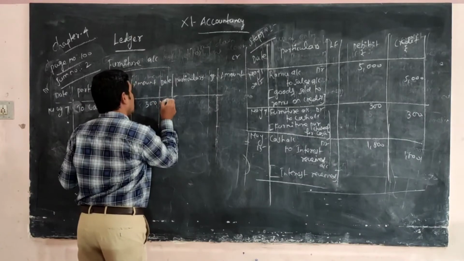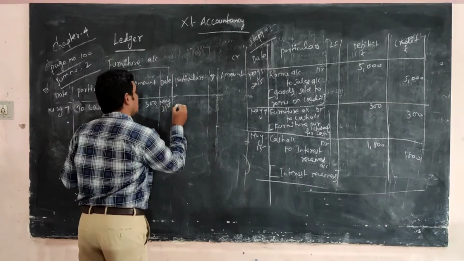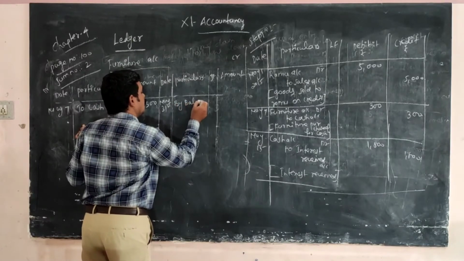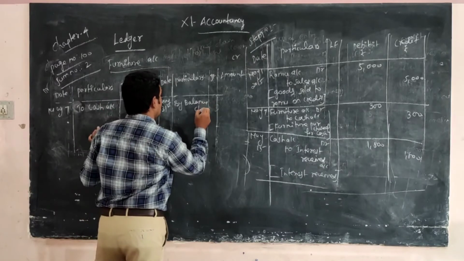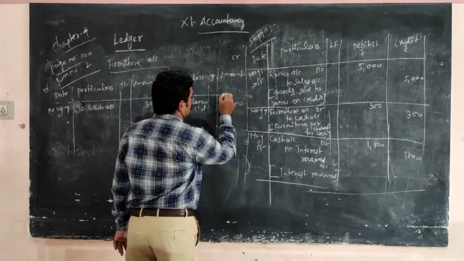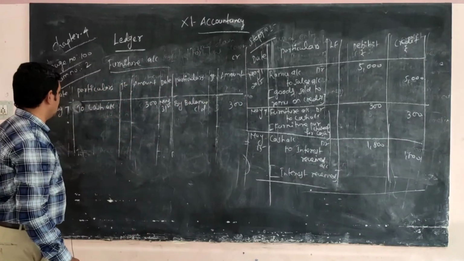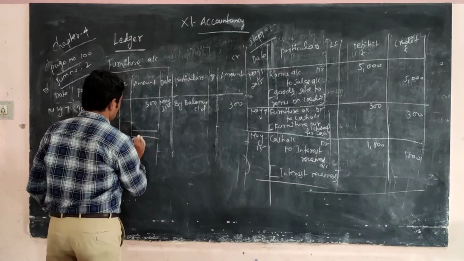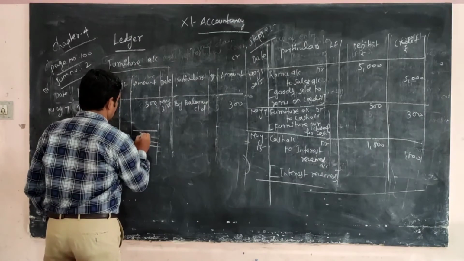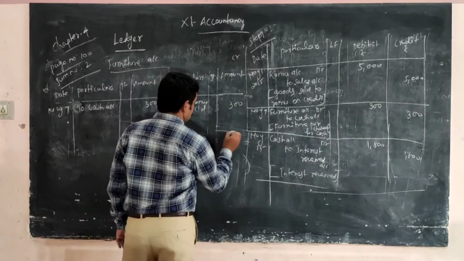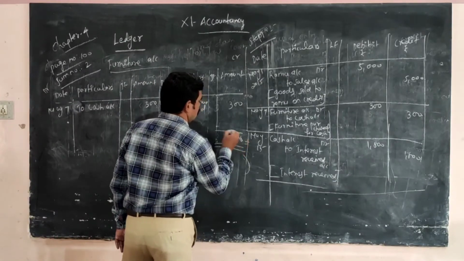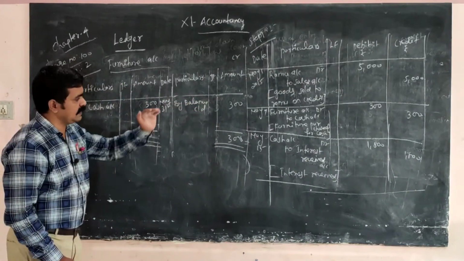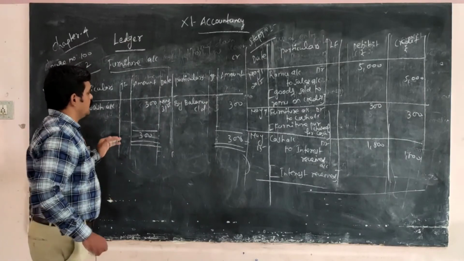So May 31st, by balance carried on 300. Okay, so 300. So I am going to balancing amount. Here also 300. Since I put the debit side, this cash account goes on the debit side. If it is the credit side, then the credit side. That's all. Okay, so the amount is over.